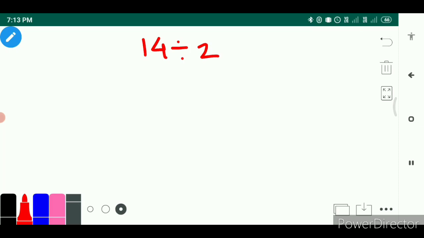You just count how many 2's are there in 14. You just recall the 2 multiplication table where you will get 14. If you multiply 2 with a number, tell me what will be the number when you multiply with that you get 14.